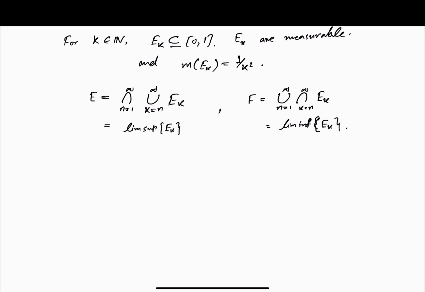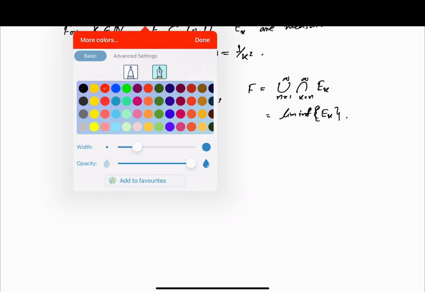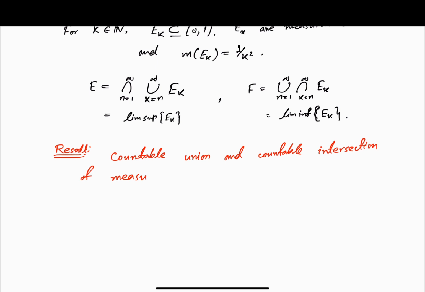So first you have to check that these are Lebesgue measurable. Let me write one result. This is a standard result from measure theory, that countable union and countable intersection of measurable sets are again measurable.